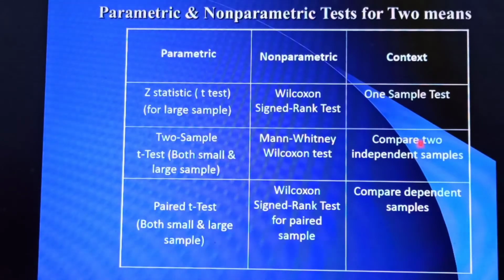Then in the comparison of two independent samples, we have the t-test, which we demonstrated in the last video also. The corresponding non-parametric test is the Mann-Whitney Wilcoxon. When comparing dependent samples, we gave the terminology of paired and non-paired. This is paired samples. In this we go for the paired t-test, and then the Wilcoxon signed rank test is performed here.